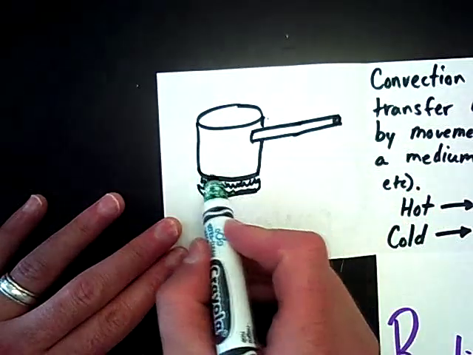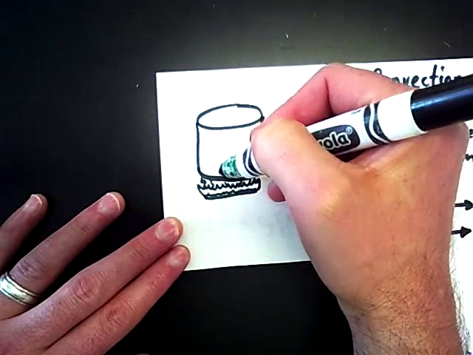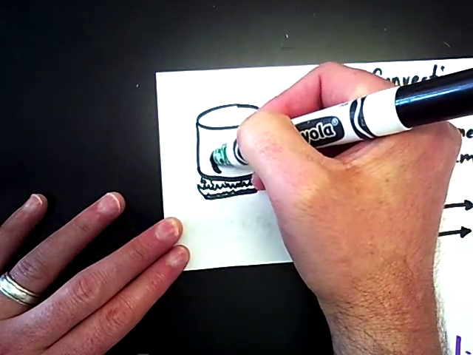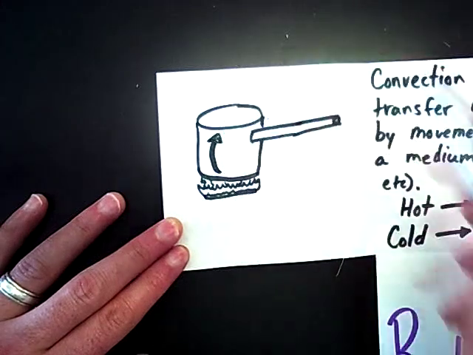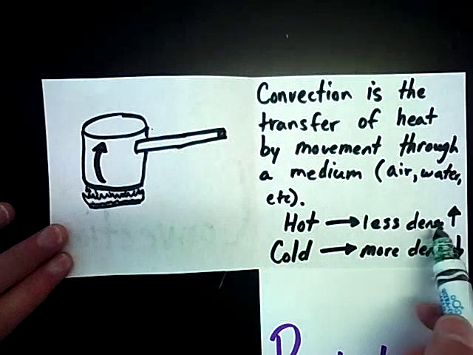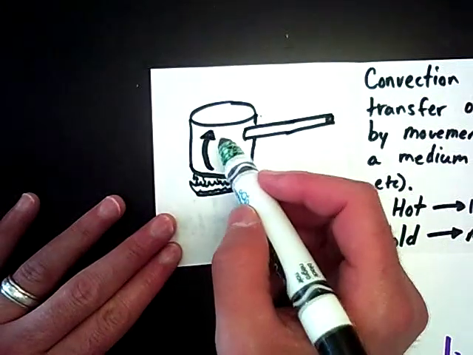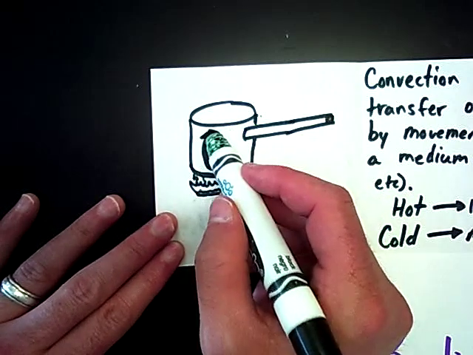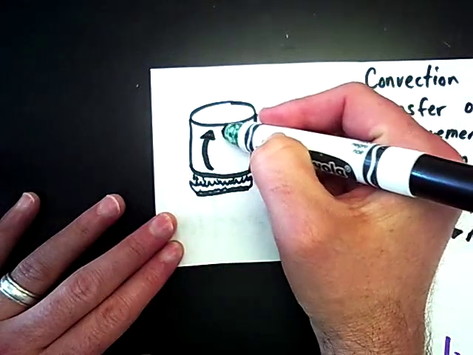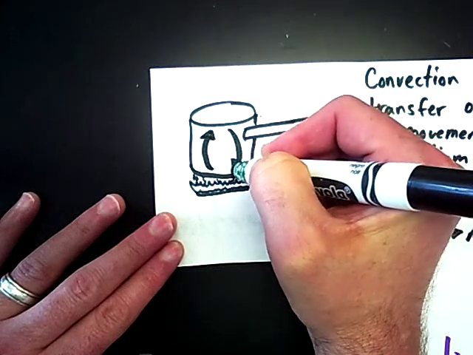The water near the bottom is going to get heated up first. So the water near the bottom is going to be forced upward, because as it gets hotter, it becomes less dense and it will rise. Meanwhile, the water up top is cooler, so the hot water rising up will cause this cooler water to sink down like this.